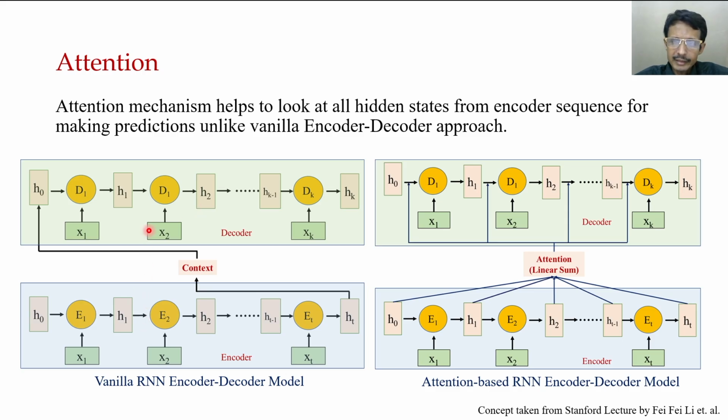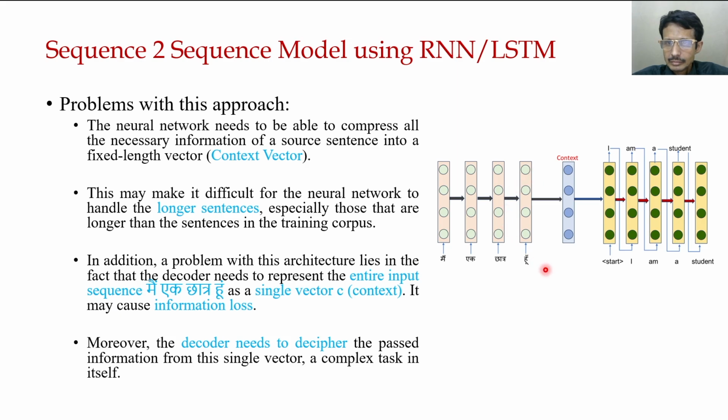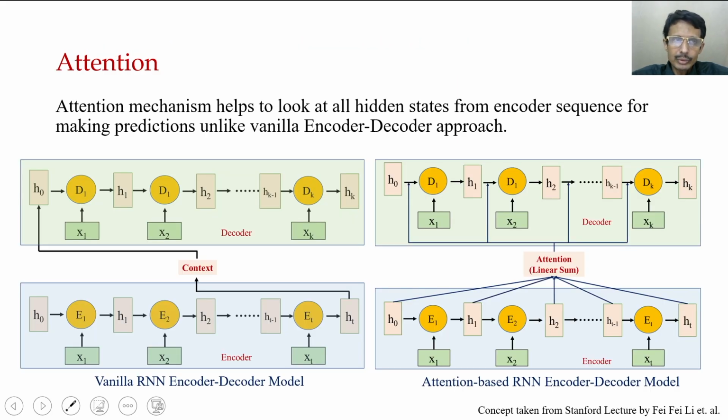So here it is the same architecture as before. Now we introduce attention. What is the major difference here? You see, in attention, rather than only coming from HT, the information is coming from every hidden state output, H0, H1, H2, up to HT minus one.